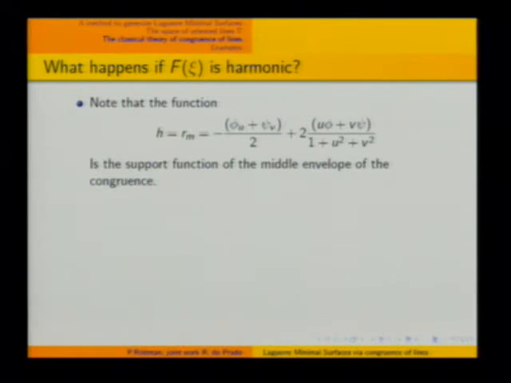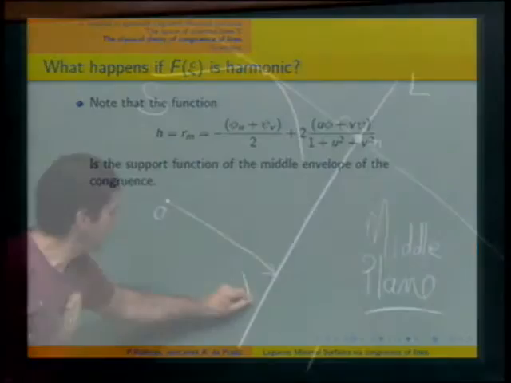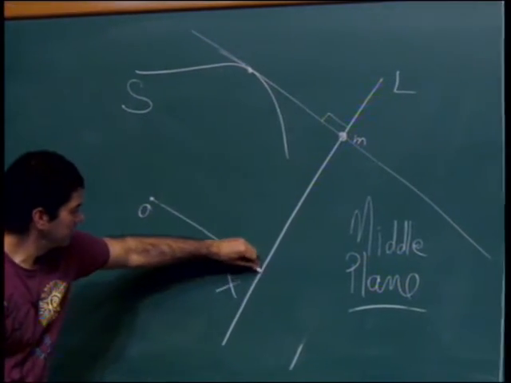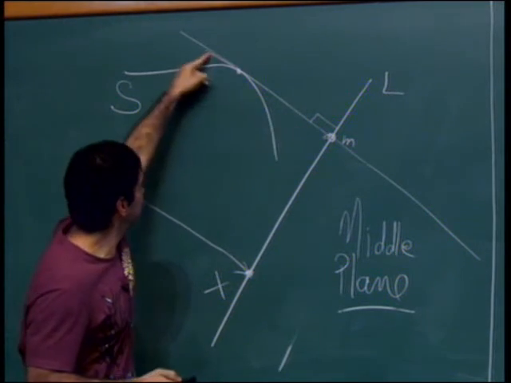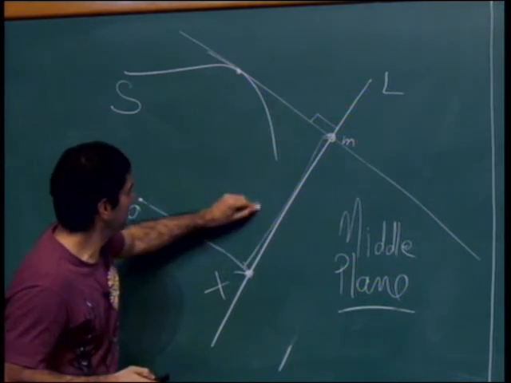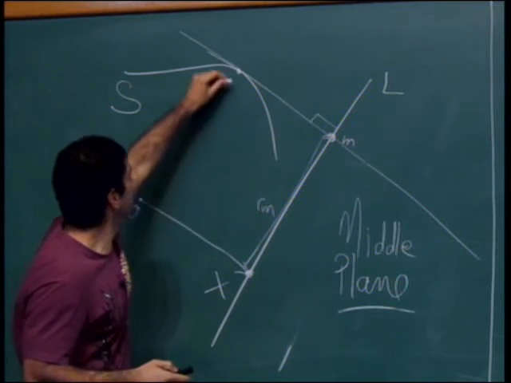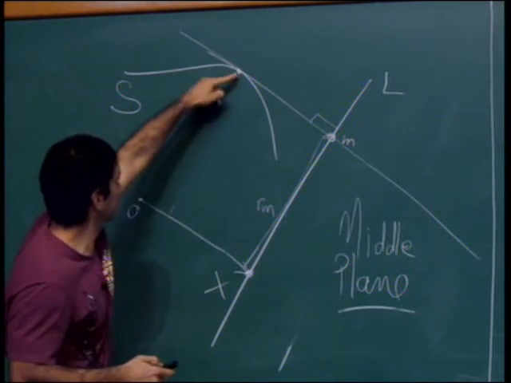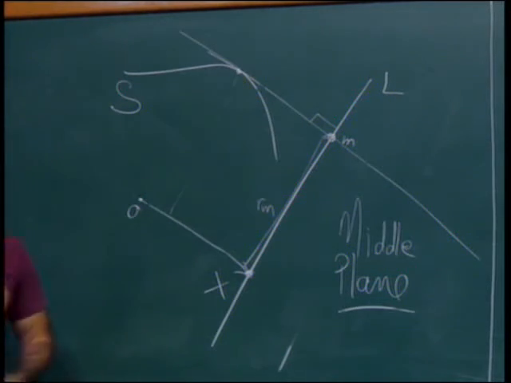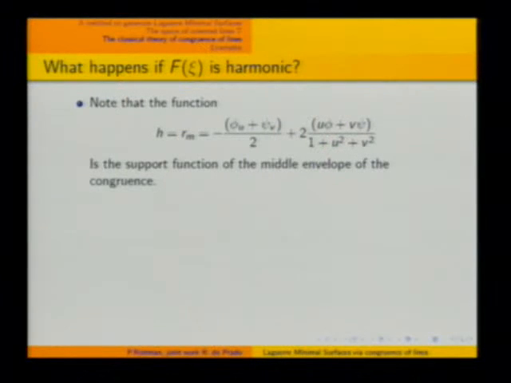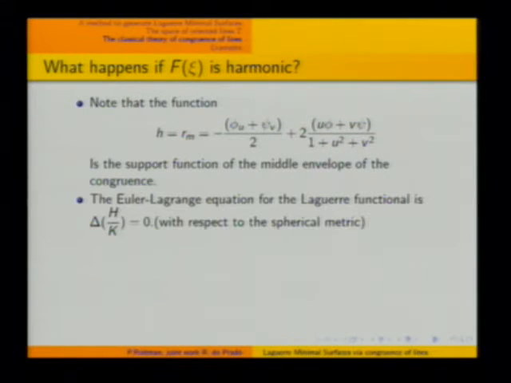This is very easy to see because here, this is our origin. So this x goes here, and this distance is Rm. It's exactly the distance from this plane to the origin, which is classically the support function.